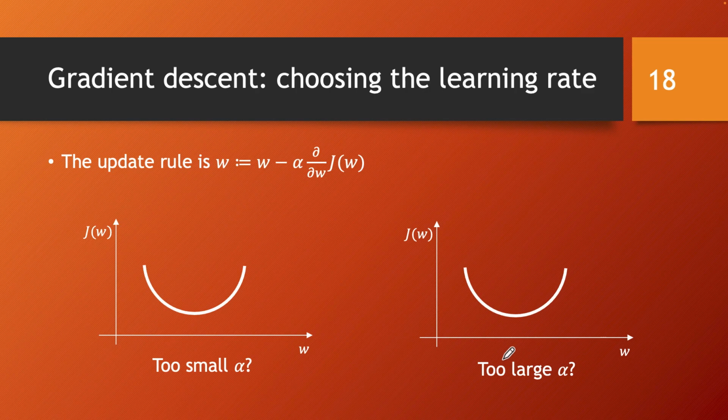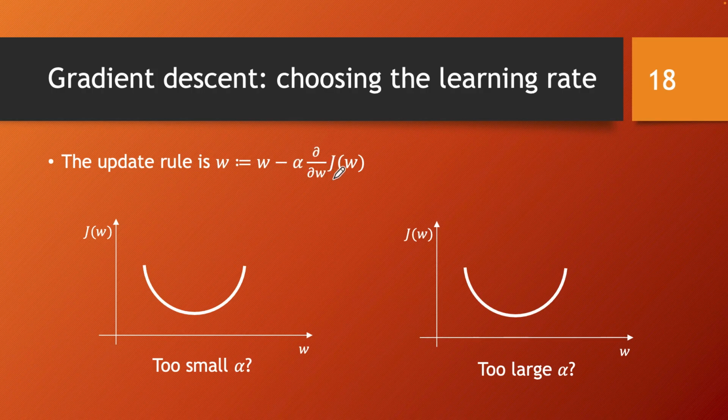One point I want to make is about the learning rate, and there are 2 points that I want to make in here. If you are choosing a learning rate alpha that's too small, I want to show you what the effect is, and then also what if the alpha is too large. Like I commented, the alpha here is going to give you the amplitude of your update step.